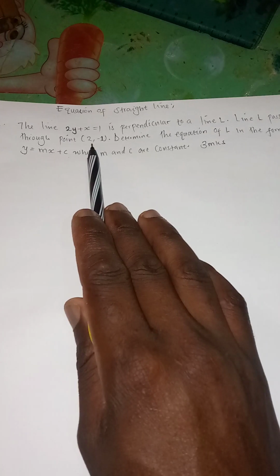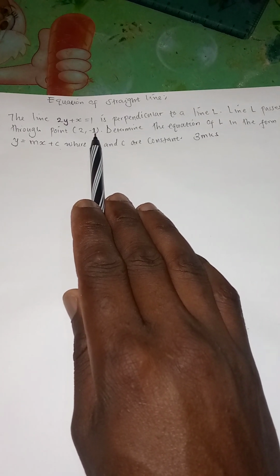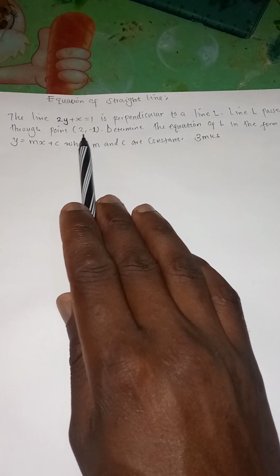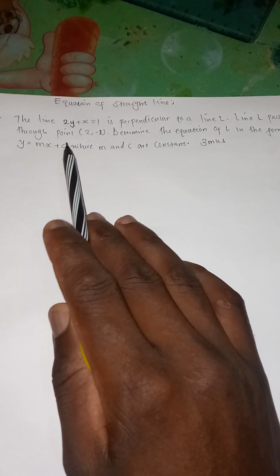What we need to understand here is that we can get the equation of a line when we know the gradient of that line and at least one point on that line. Since we are told to find the gradient of line L and we are given one point, (1, -2), then we are in a position to find its equation.